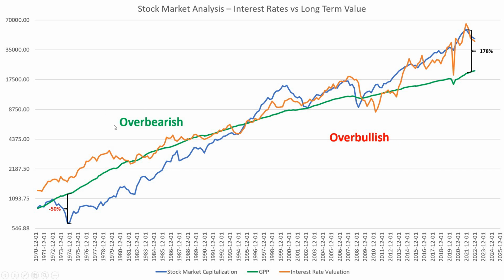So we went from an over bearish scenario to an over bullish scenario. We went from where the stock market was valued at 50% of gross private product to where it was valued at nearly 3 to 1 to gross private product, or 178% above the private product level. So we shifted from this over bearish scenario to this over bullish scenario.